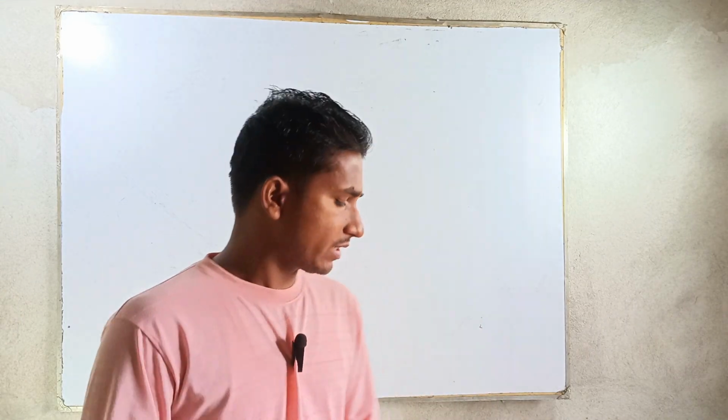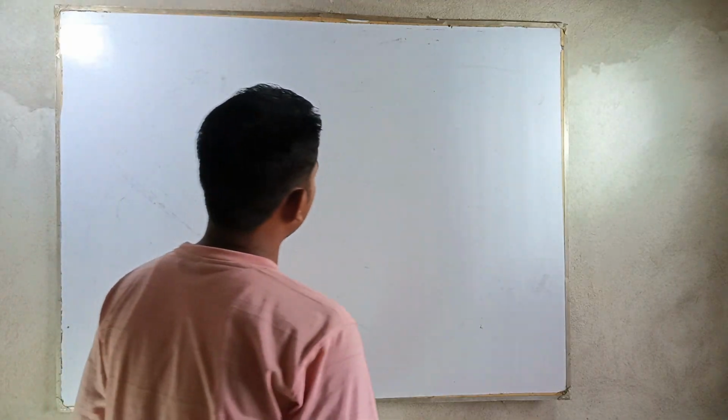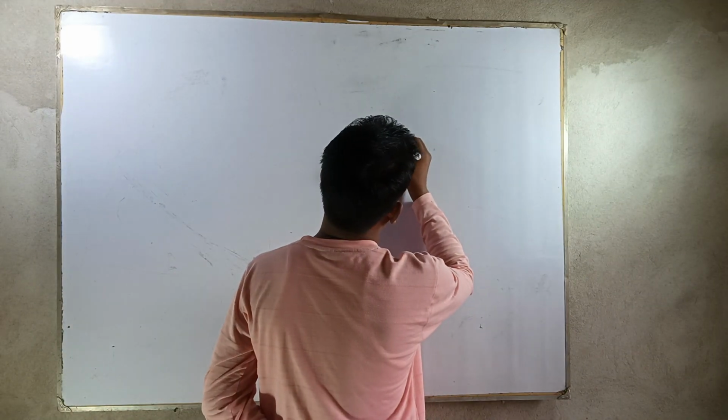First, suppose I have one type of quadrilateral like this one.